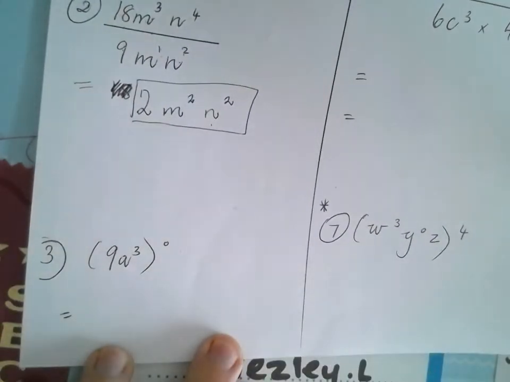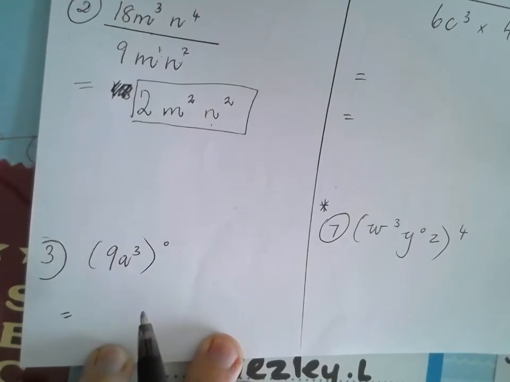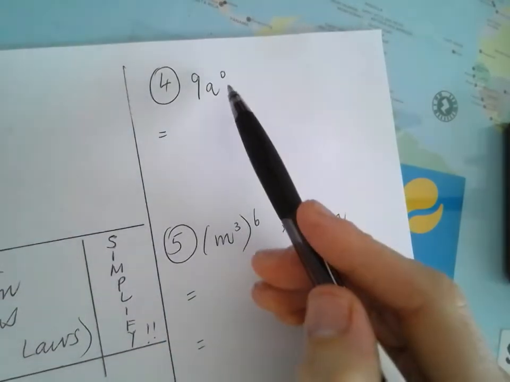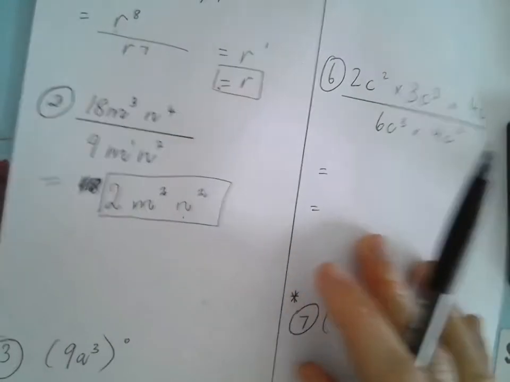Question 3. Okay, question 3 and question 4, very similar because I have this idea of to the power of 0. So during the week in class we learnt that anything to the power of 0 is 1.